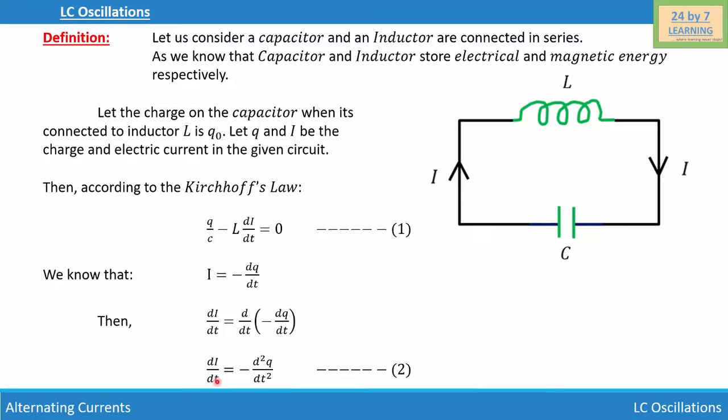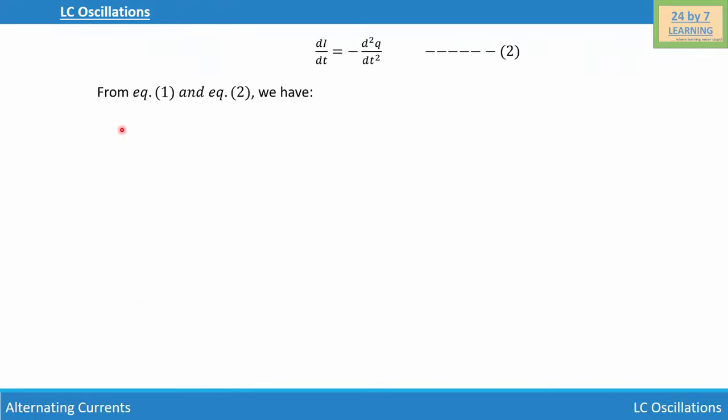Now I'm going to substitute the value of di over dt in equation number 1. So from equations 1 and 2, we have q over c minus L inside the bracket negative d2q over dt square is equal to 0. Let's simplify further: q over c plus L d2q over dt square is equal to 0.